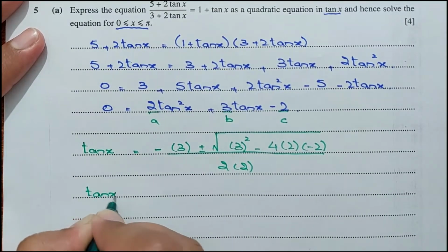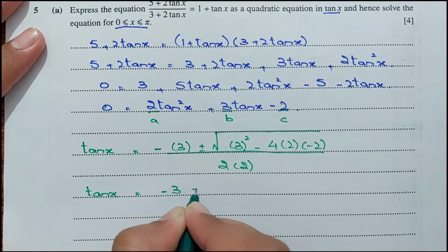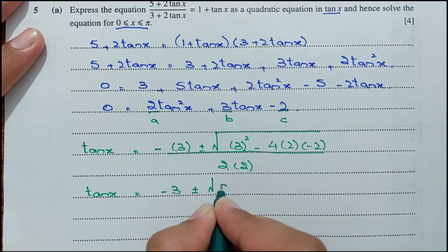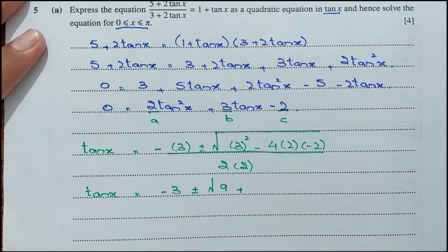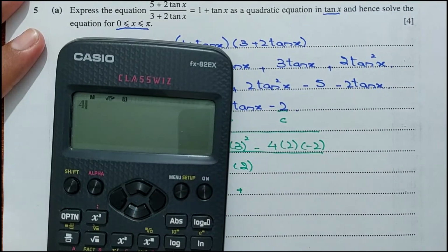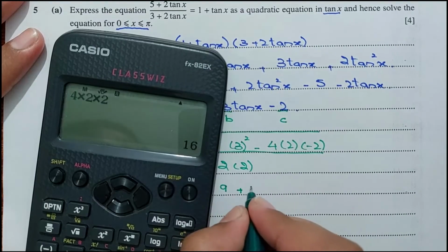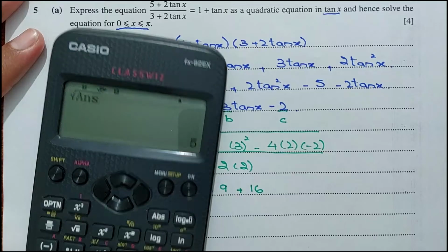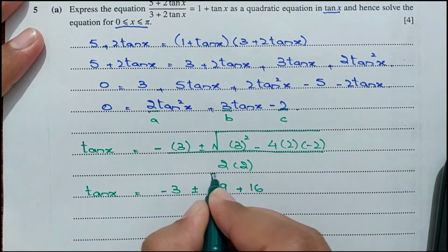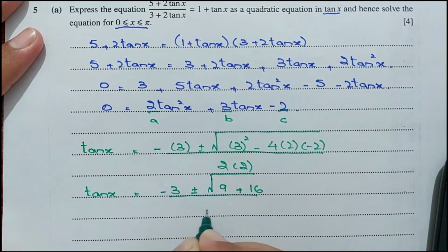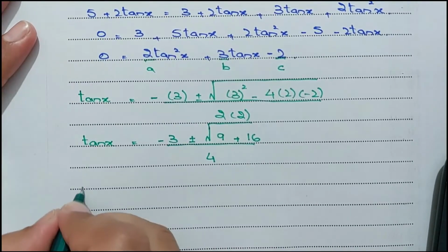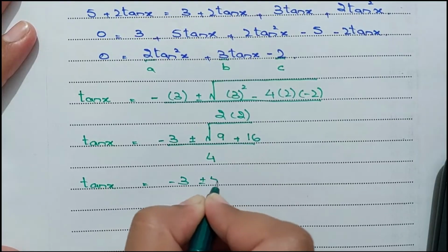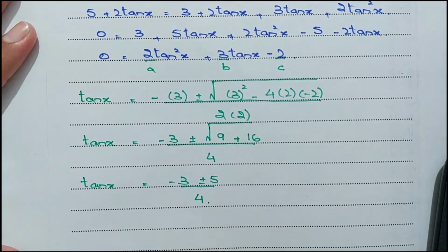Tan x equals negative of 3 plus or minus the square root of 3 square, which is 9, plus, negative times negative is positive, 4 times 2 times 2, that would be 16. 16 plus 9 is 25, and root of 25 is 5. Dividing by 4, tan x equals minus 3 plus or minus 5 divided by 4.